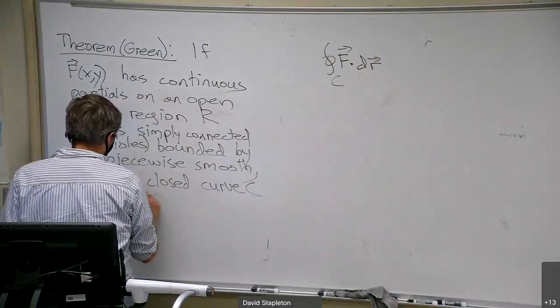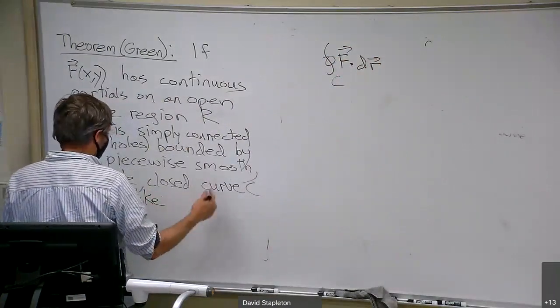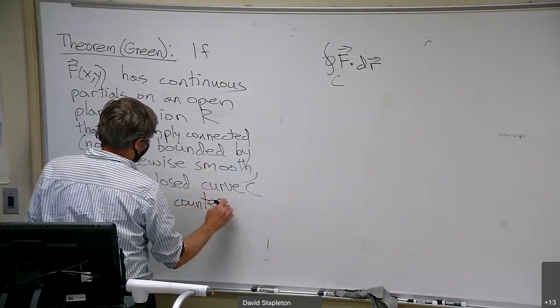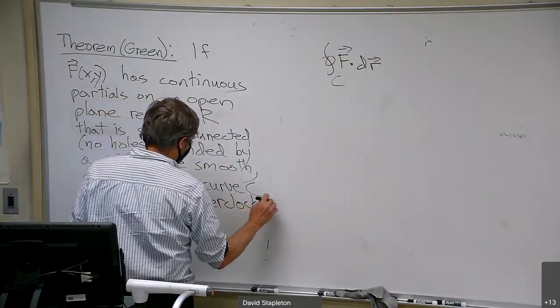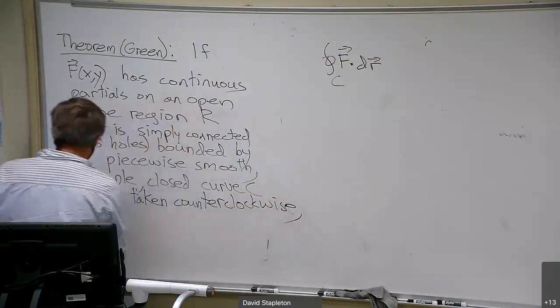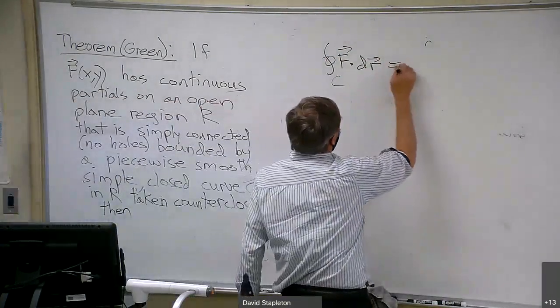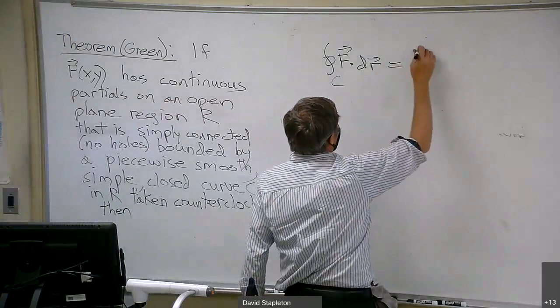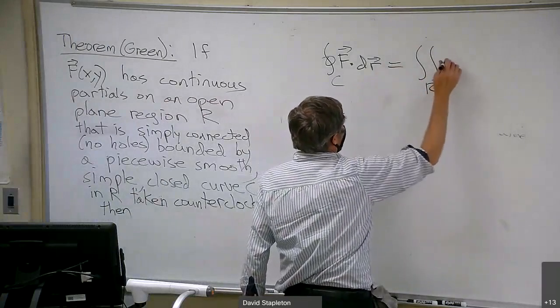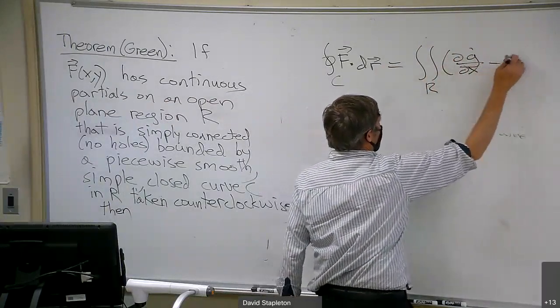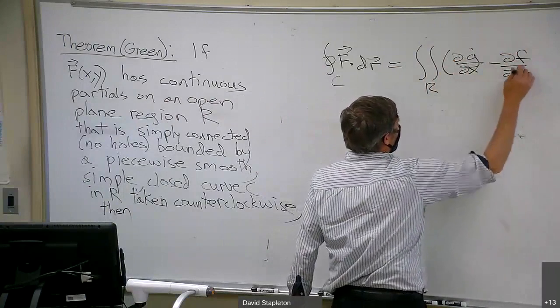There's a lot of things on here, but they mostly amount to continuous and closed. Taken counterclockwise, though, is the other thing. Then the work around that path, or the line integral around that path, is the double integral over R, dg dx minus df dy.